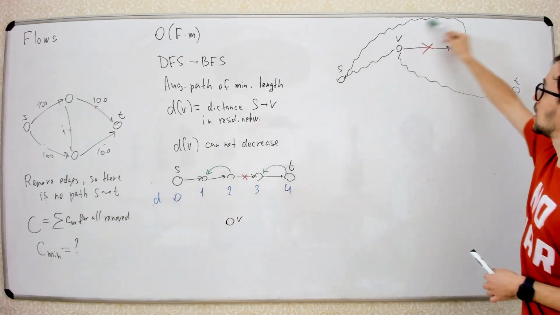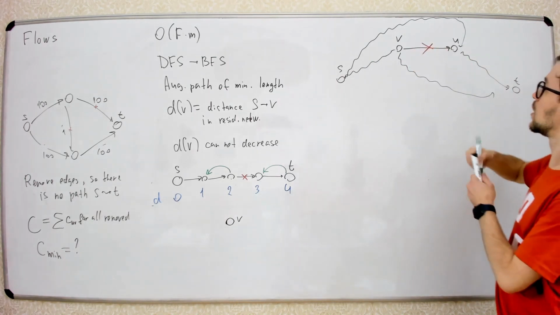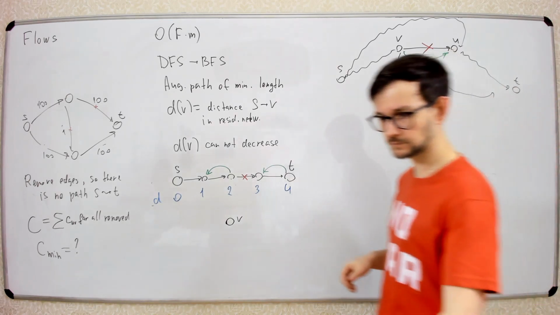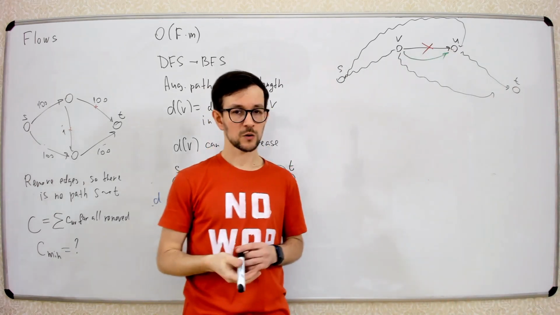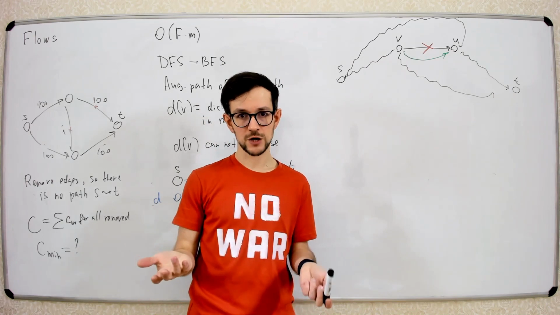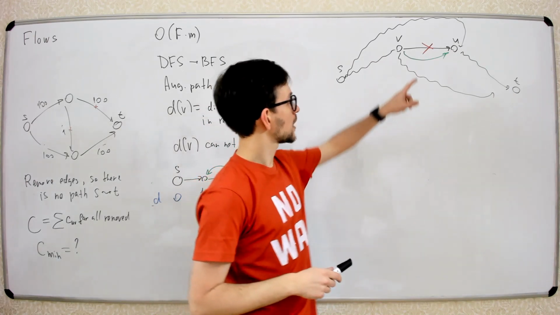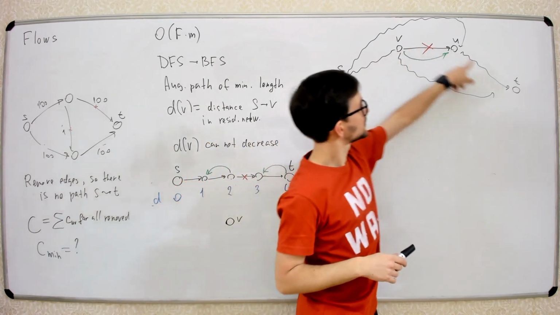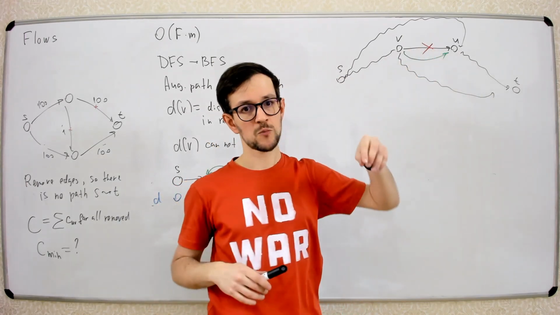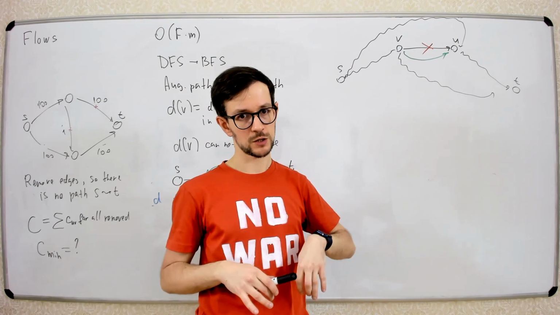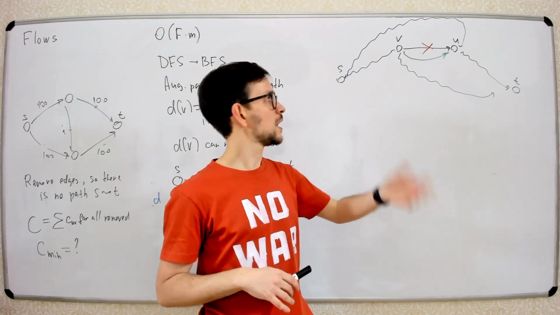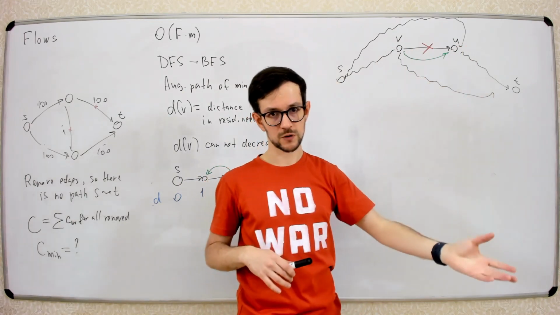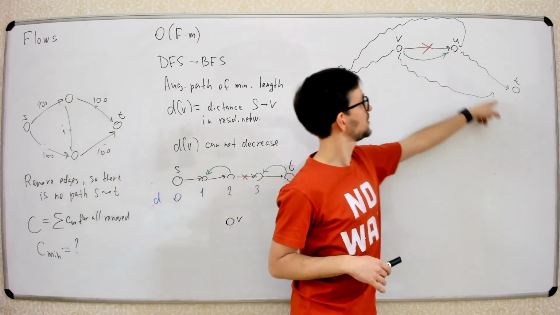And when we find this augmenting path, we will move this edge back here, and so on. So this is how the life of the edge looks. We have this edge. At some point, we find some augmenting path. This edge is minimal possible, so it is removed from the residual network. Then we will find a path like this, and we put it back to the residual network. And when we find a path like this, we remove it again.